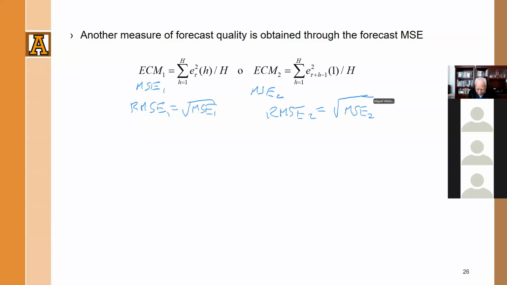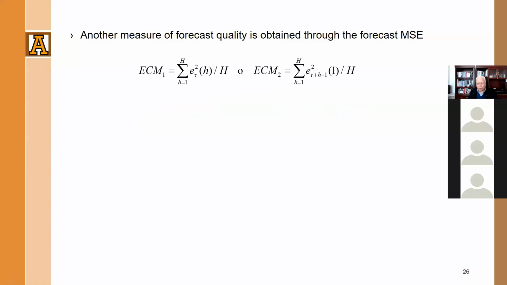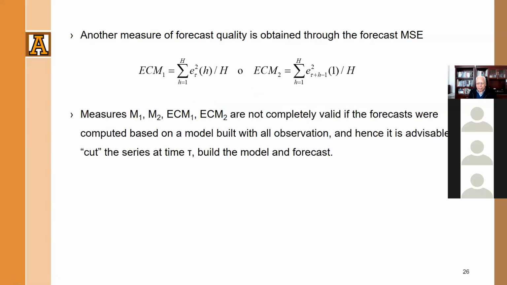We take the square root because that way we have the error in the same units that we're measuring the phenomenon, whatever that is, whether it's dollars, seconds, or viscosity. So we compute those two figures, and we can compare them and see how large they are depending on the units.